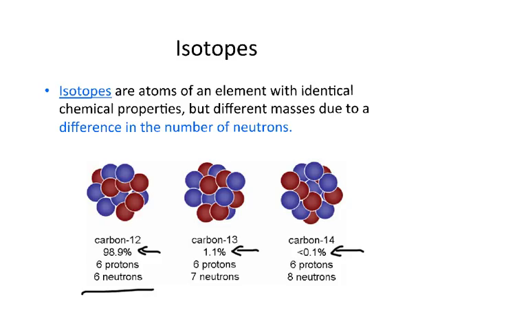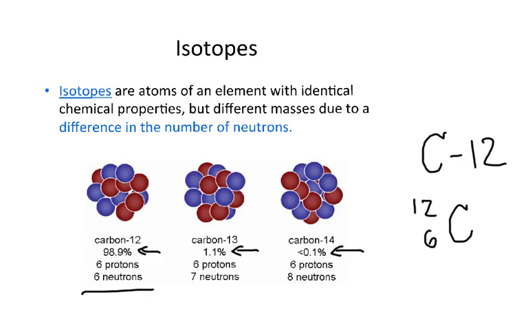So just to remind you guys of the notation for neutrons, you could write carbon-12 in 2 ways. You could either write carbon-12 like this, or you could write it using this type of notation, where C is the chemical symbol, 12 is the atomic mass of carbon, and 6 is the atomic number.